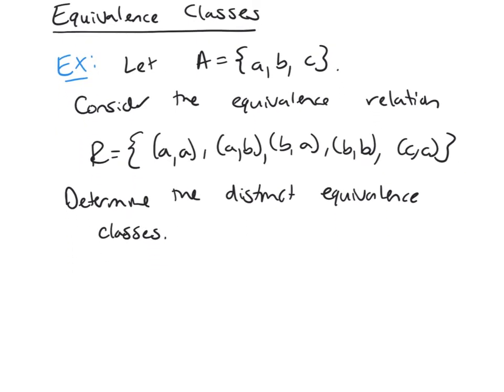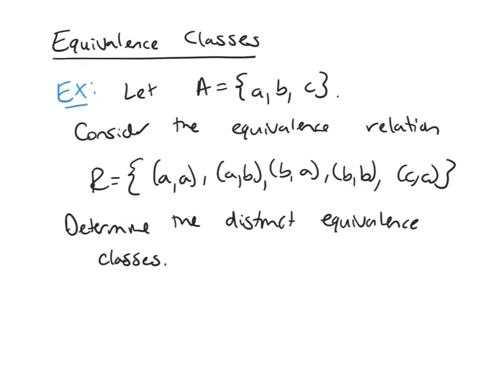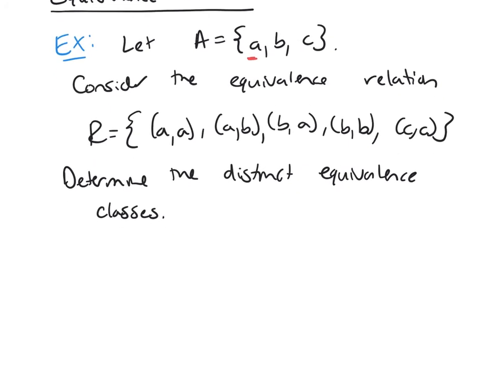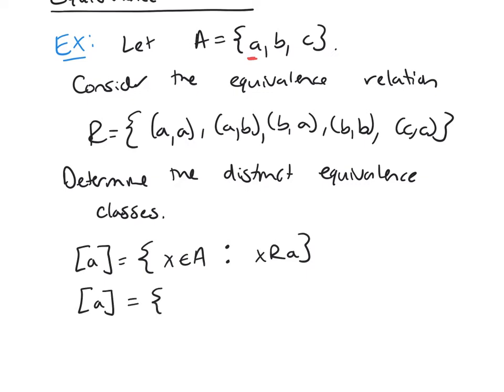So you're going to start by taking elements out of A. Let's start with our first element, A, and we're going to look at the equivalence class for A. Remember, this is all the elements X in A where X is related to A. So write down all the elements that are related to A. That would be A and B.